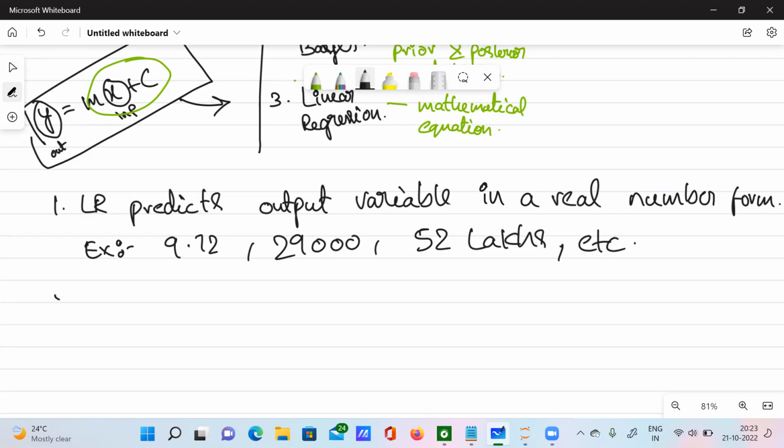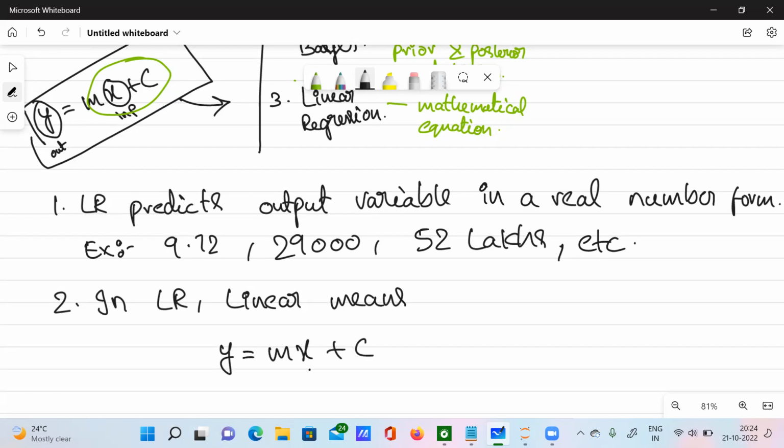Okay, and another thing is, in linear regression, what is meant by the linear? See this expression, y is equal to mx plus c. Here x is nothing but the input, and here y is nothing but the output. And what is meant by this c? The c is nothing but the intercept.